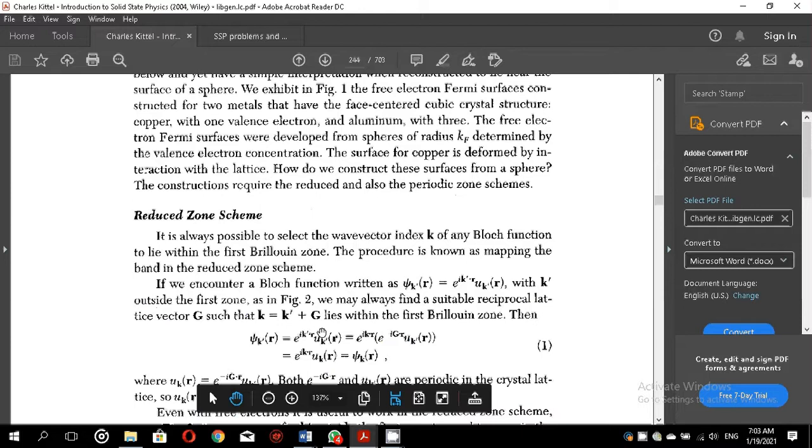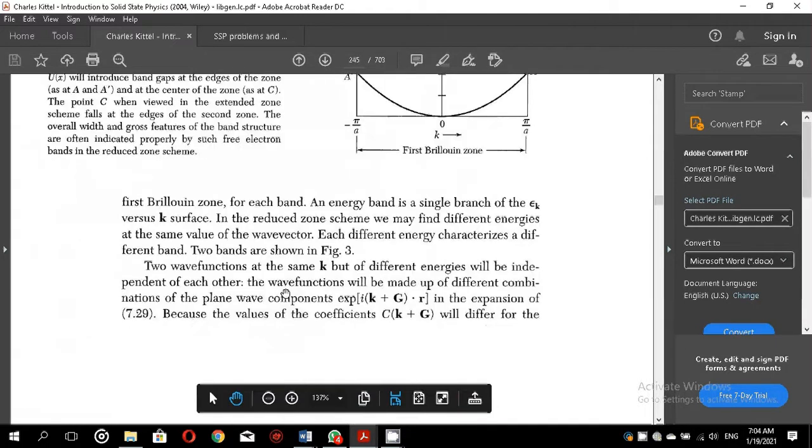I think in chapter number 2 we read that all the wave vectors which lie outside the first Brillouin zone can be brought back into the first Brillouin zone using the reciprocal lattice vectors, and these vectors are equivalent to each other. So on the basis of this, we have designed a reduced zone scheme.